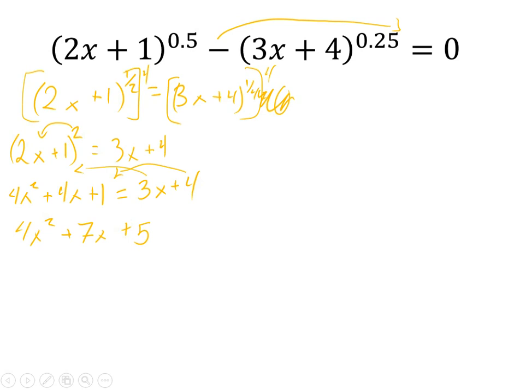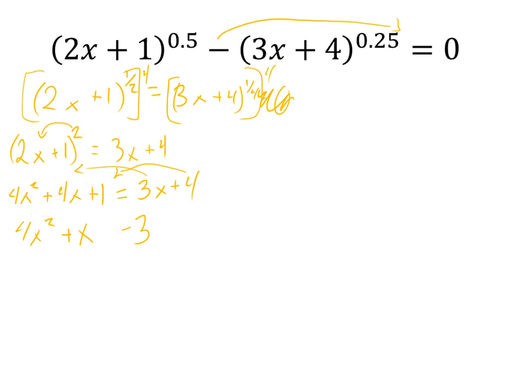Oh, no. It would not be this. It would be 4x squared plus x minus 3, because I'm subtracting 4 and I'm subtracting 3x.